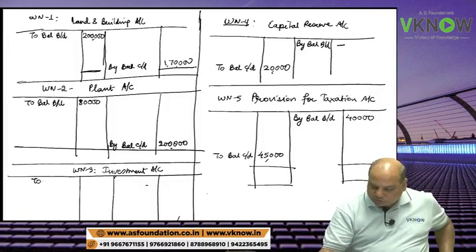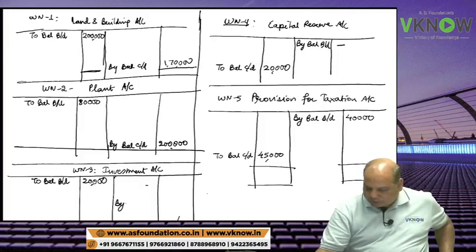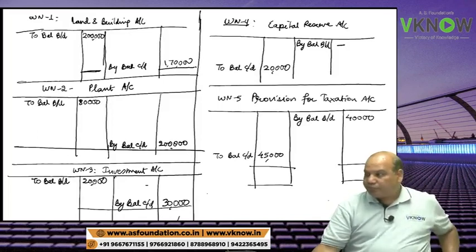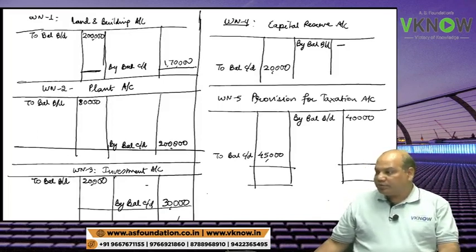Investment account also, to balance brought down 20,000 and by balance carried down 30,000. We'll come back to these three accounts because there are some adjustments.